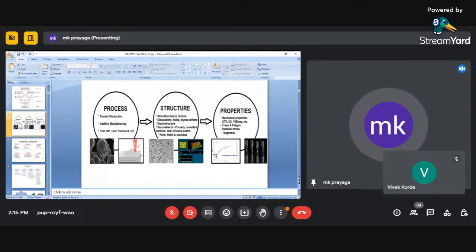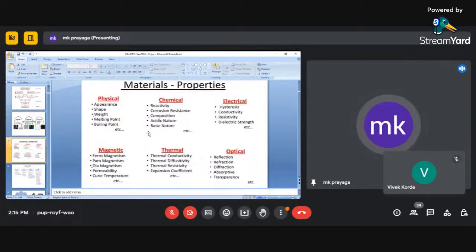These are the various phases which you need to cross during research and development. Generally in material properties identification, we go with physical, chemical, electrical, magnetic, thermal, and optical. These are certain material properties we need to characterize, based on the characterization techniques available, which you can take from any standard laboratories.